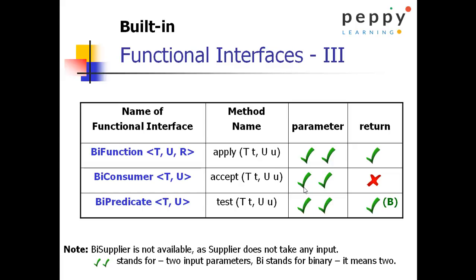BiPredicate takes two parameters and returns the output as Boolean. There is nothing called BiSupplier, as Supplier does not take any input but returns a value. Anywhere when you see two tick boxes, those are two parameters.